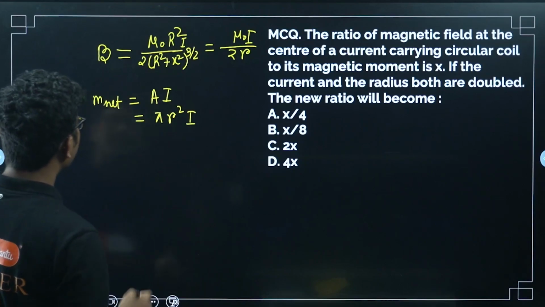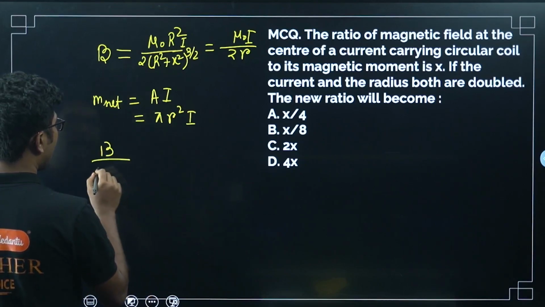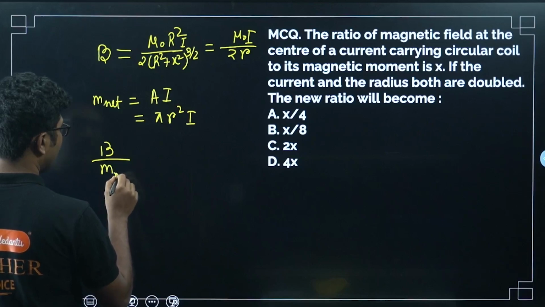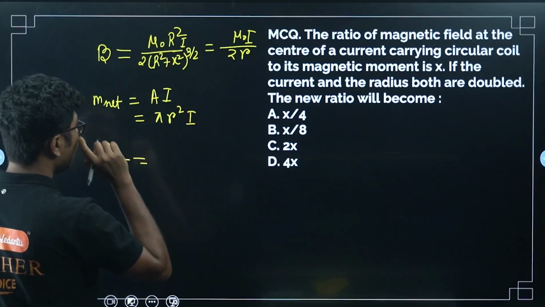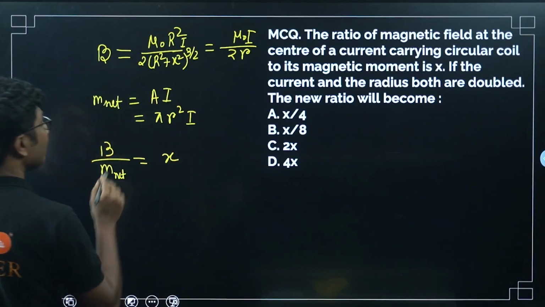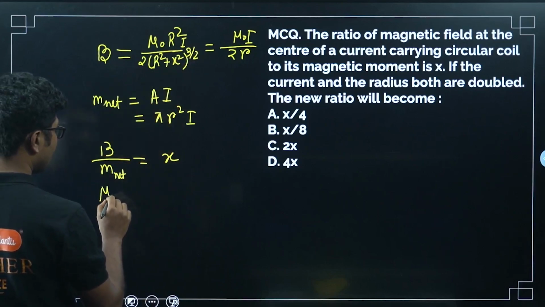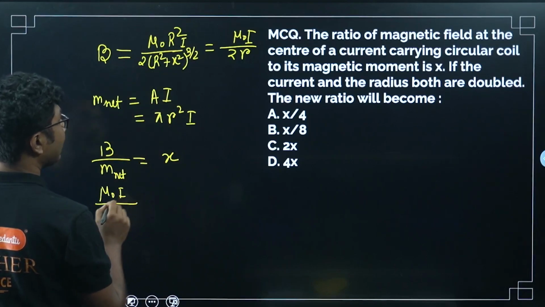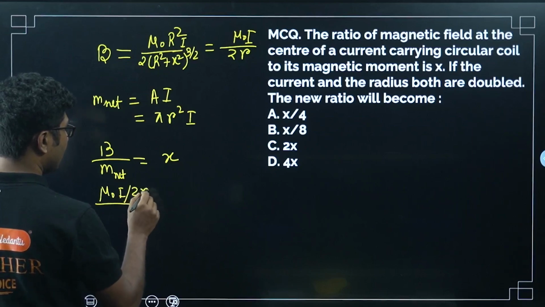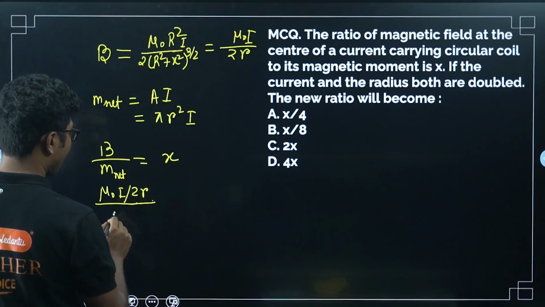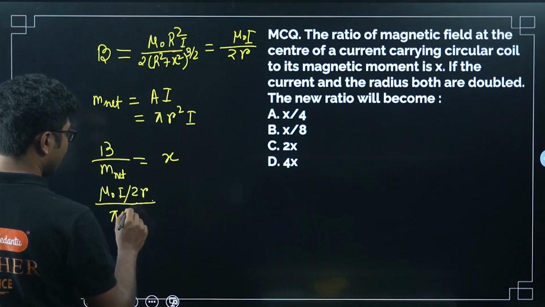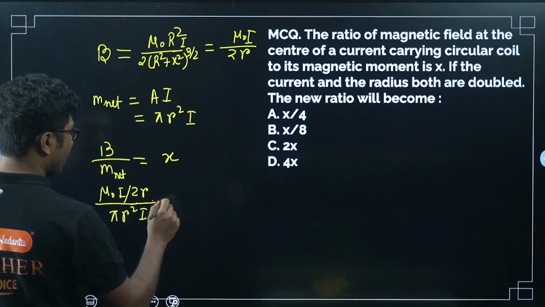Now they have given you B by magnetic moment, which is basically x, right? So initially what is the value? Mu naught I by 2r, divided by pi r square I, equals x.